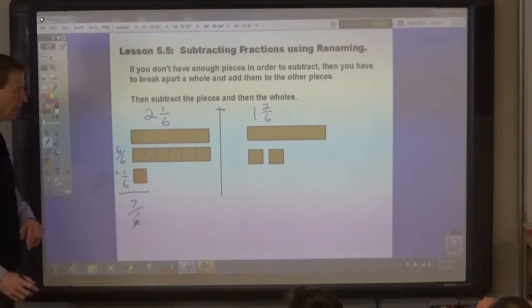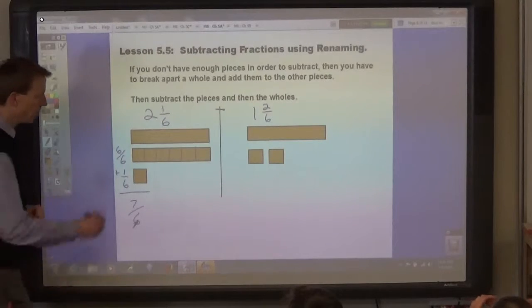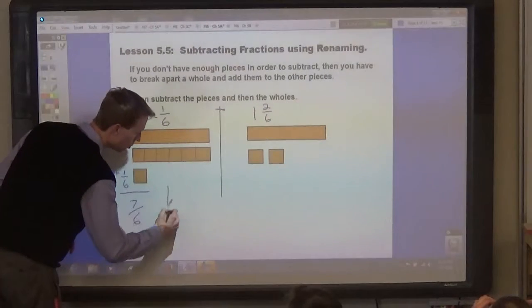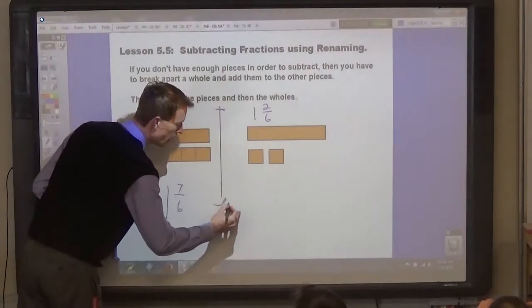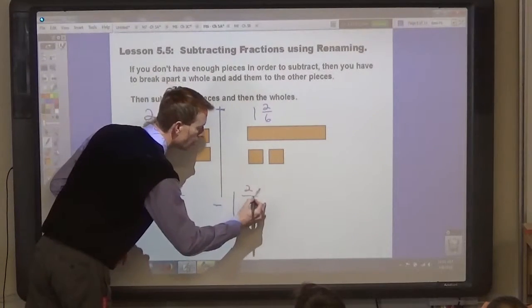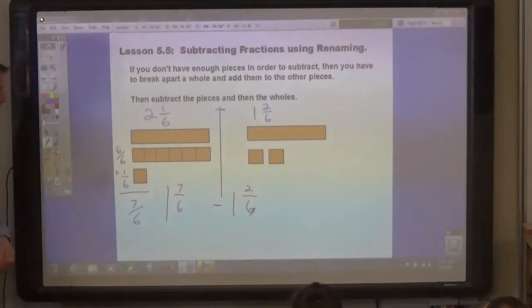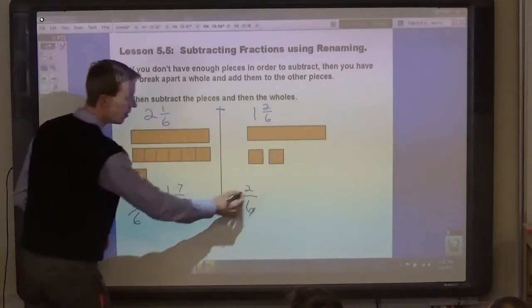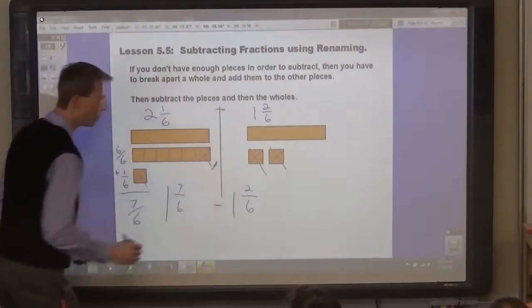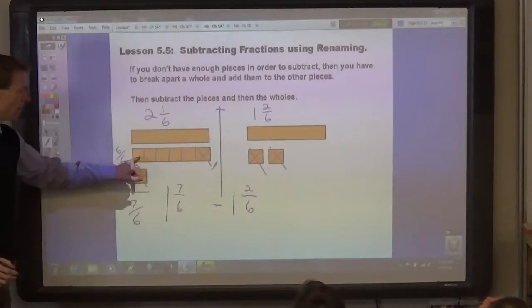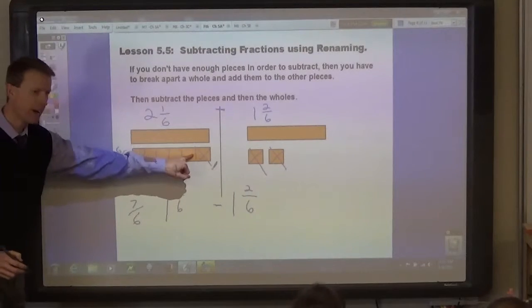And how many wholes do you have left? 1. So when we rename this, now we have a total of 1 and 7/6 minus 1 and 2/6. Then take away 2. So this represents taking away 2. And we're left with 1, 2, 3, 4, 5/6.